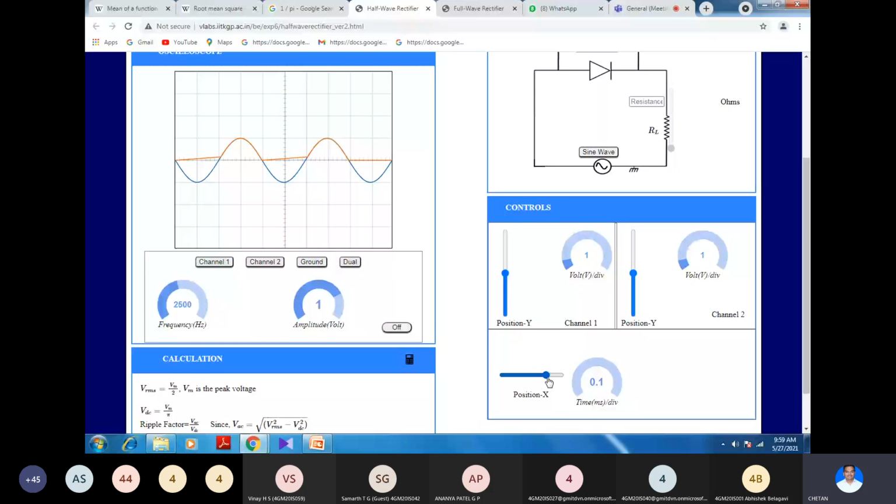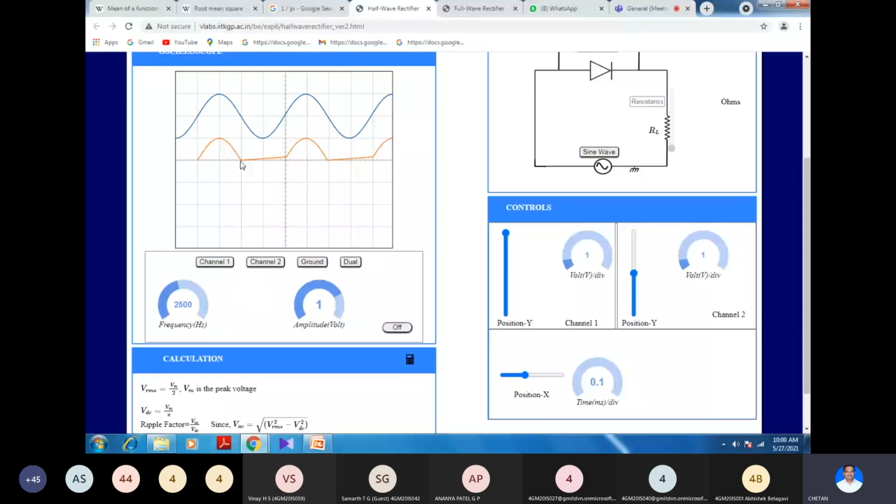So this is your input, the blue line. I hope this is visible. The blue line is your input sine wave. The red line is the output across RL. You can see only the positive half cycle. Here, if you start from this, you can see that the positive half cycle is converted to DC, so you obtain only the positive half cycle on the RL.